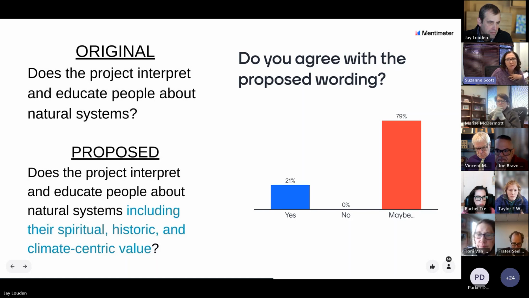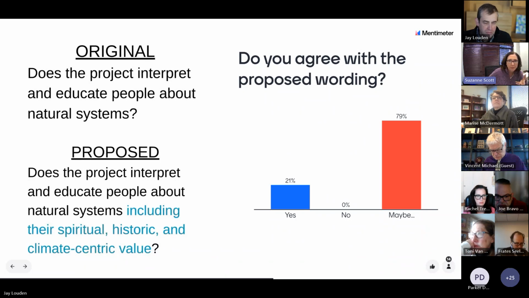wanted to be able to tell, if you're interpreting and educating people, the story of the value of nature, a benefit. So it wasn't so much, I mean, climate gets to be such a volatile word sometimes, and it wasn't about that.